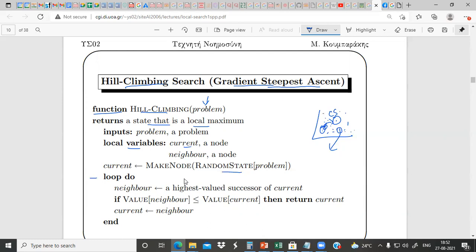Then we do this loop. During this loop, neighbor equals the highest valued successor of the current. So let us say that we have a current state. Now we are generating a neighbor for the current state.